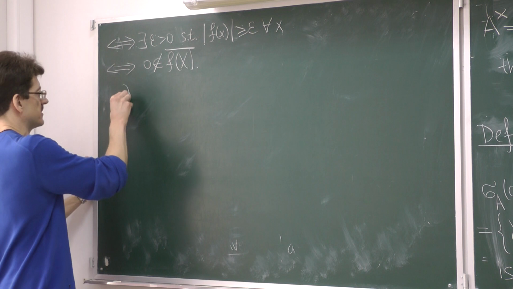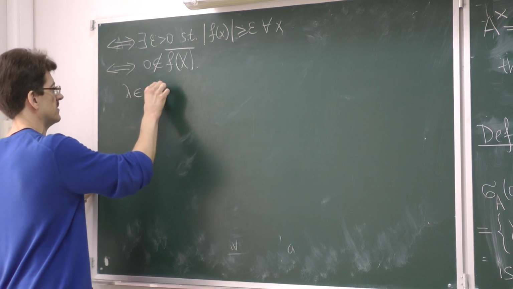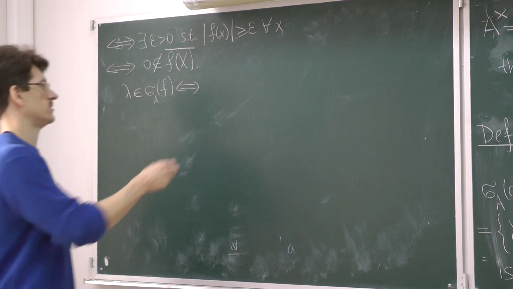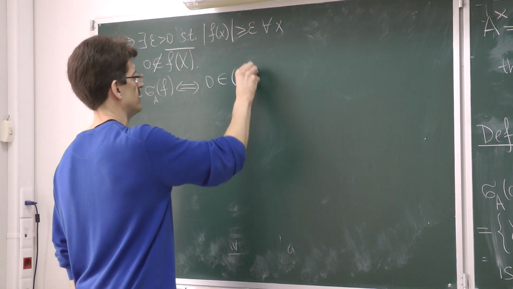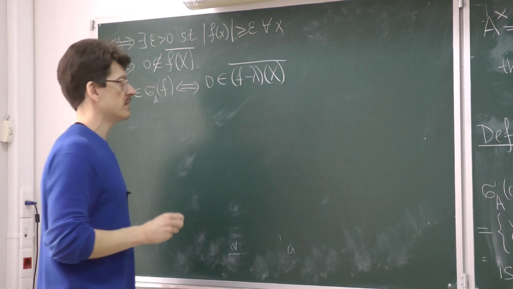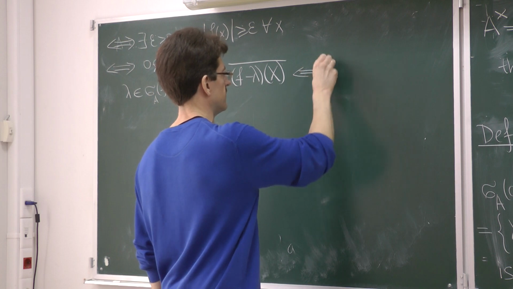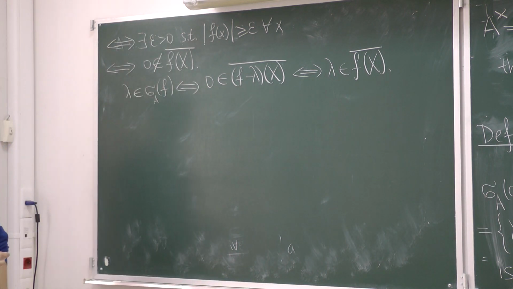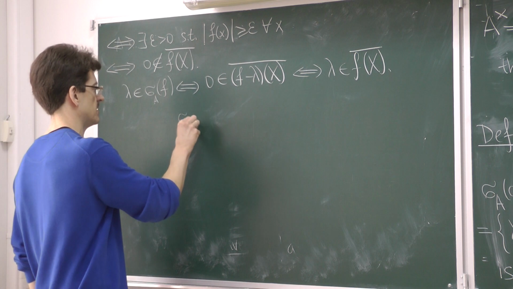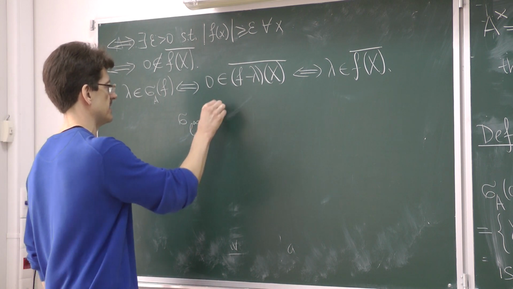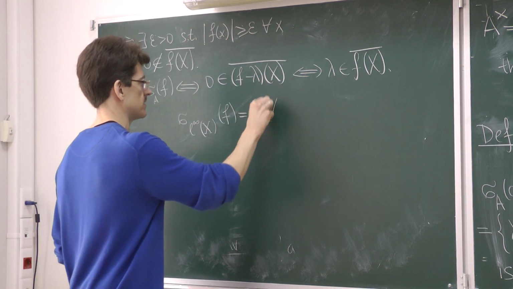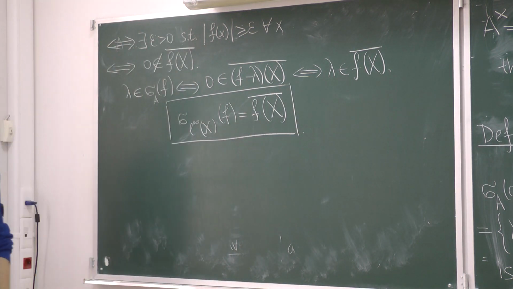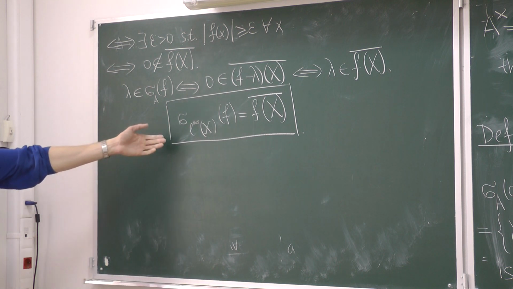And now we see that a complex number lambda is in the spectrum of f if and only if this condition fails for f minus lambda, if and only if 0 belongs to the closure of f minus lambda of X. Or equivalently, if and only if lambda belongs to the closure of f of X. So we conclude that the spectrum of a bounded function, considered as an element of the algebra of all bounded functions, is the closure of f of X. So we see that, in general, the spectrum depends on the algebra.